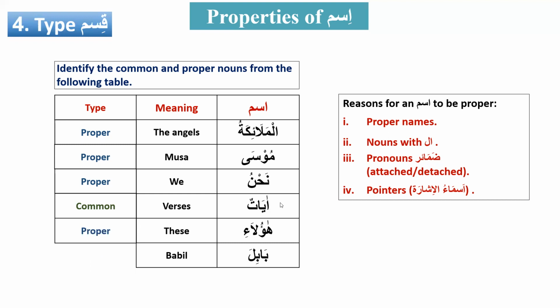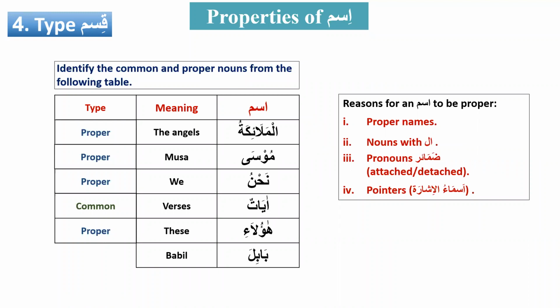Abdul Haq. Babila. Babila is a name of a place in ancient Iraq. All right. Tell me, is it common noun or proper noun? Proper. Why?